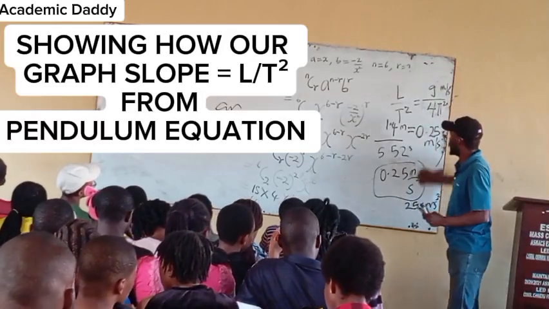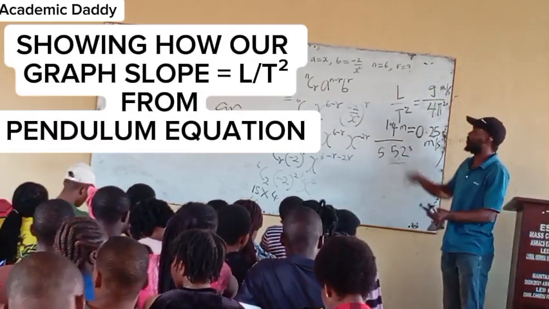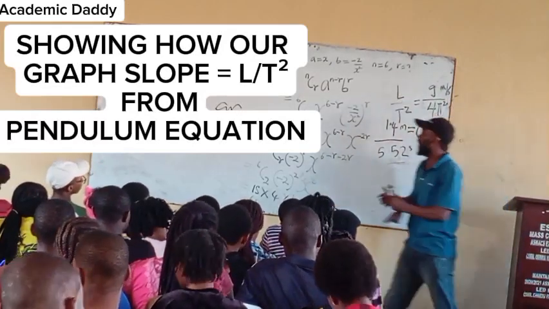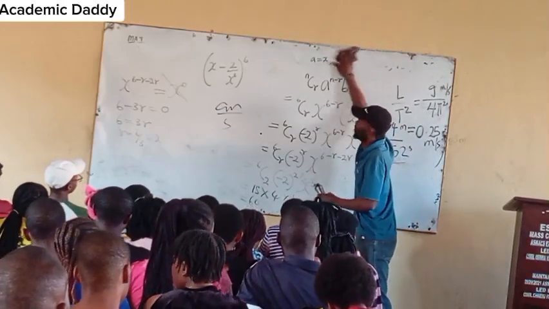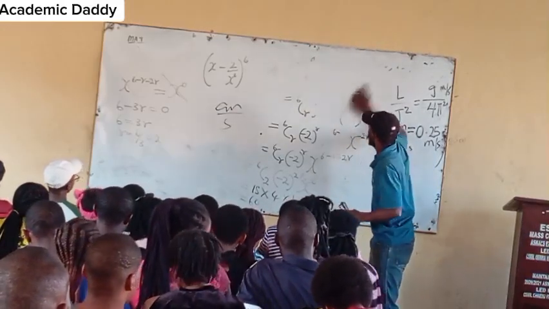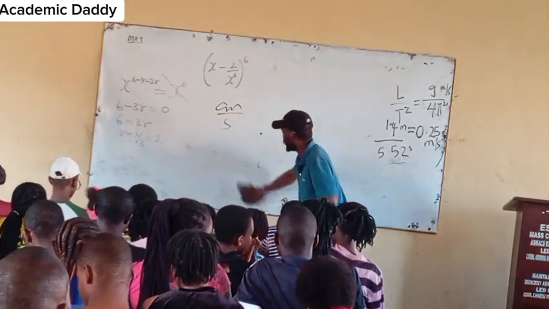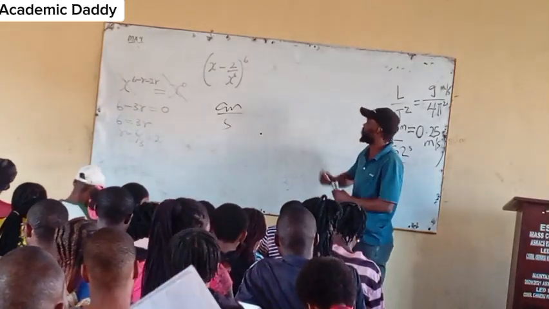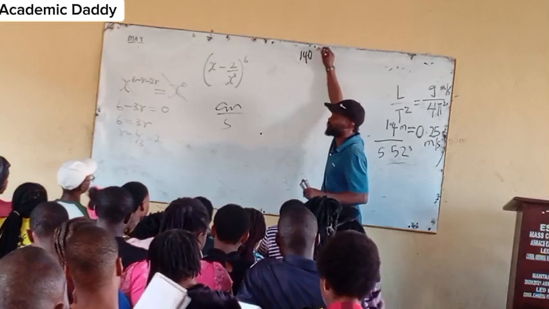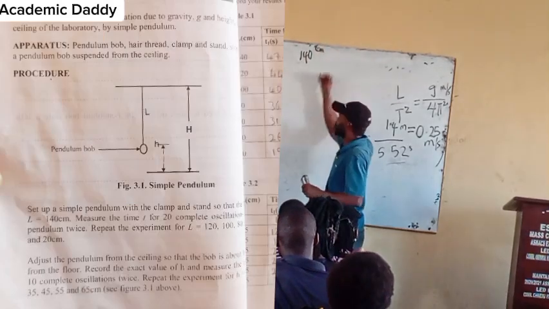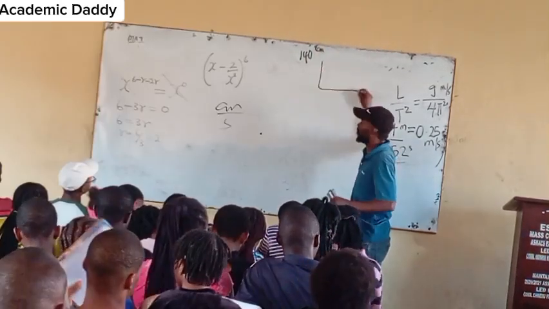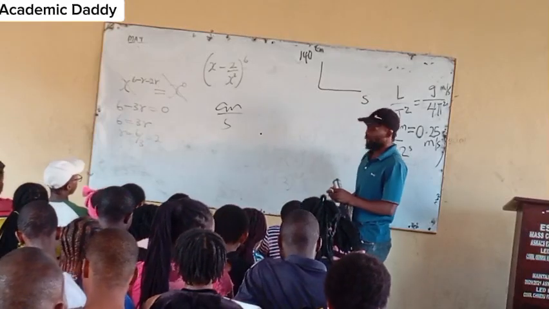It's very confusing. See, this yellow 1.4 should be in our graph. On our graph, you will notice that our graph is 1/4 and this side is centimeter, then this other side is seconds. Is it not true?